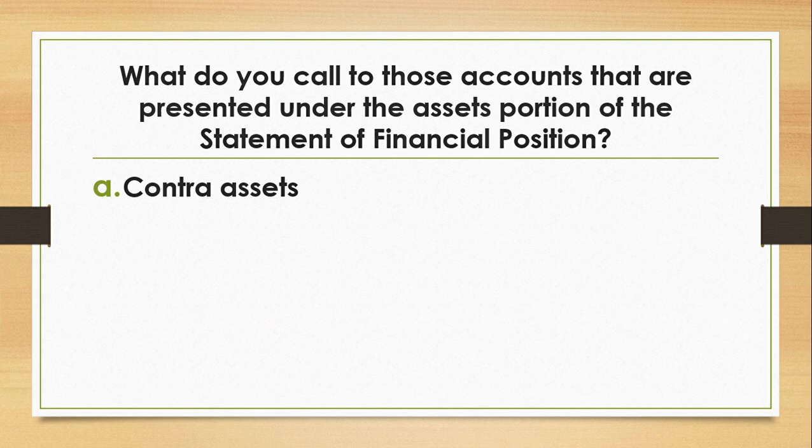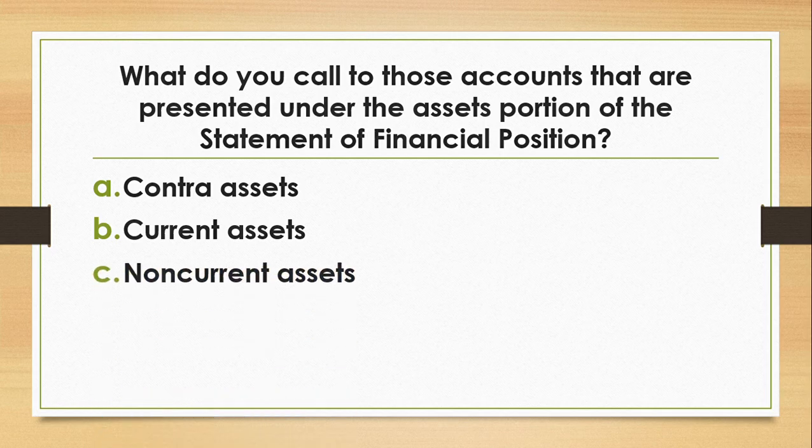Letter A, contra assets. Letter B, current assets. Letter C, non-current assets. And letter D, permanent assets.